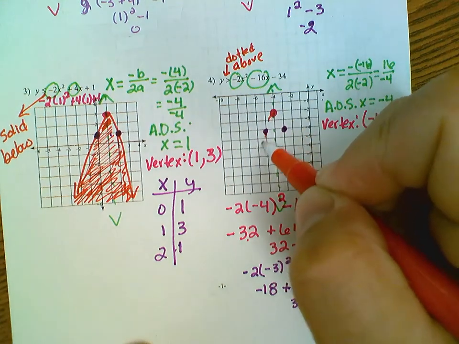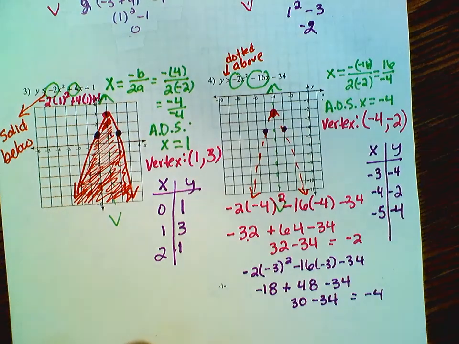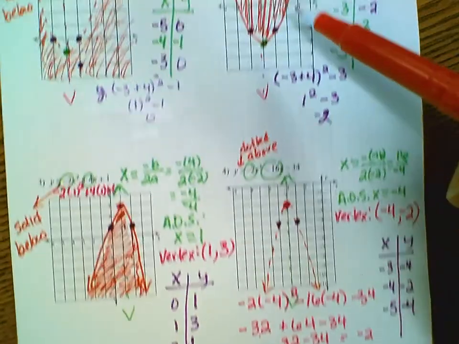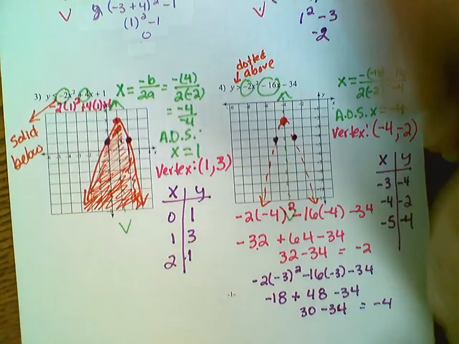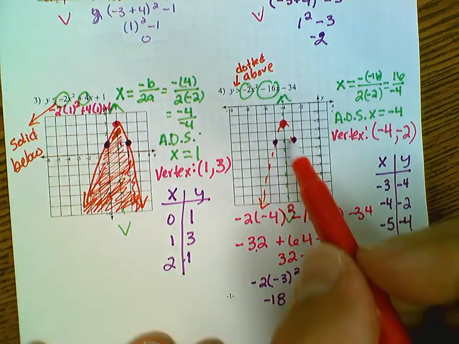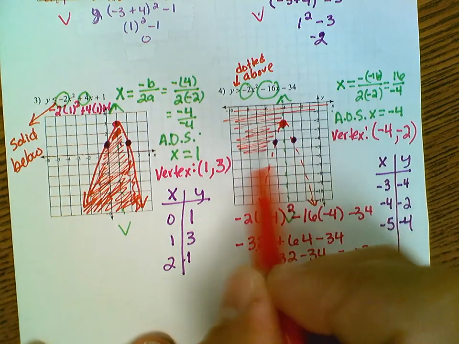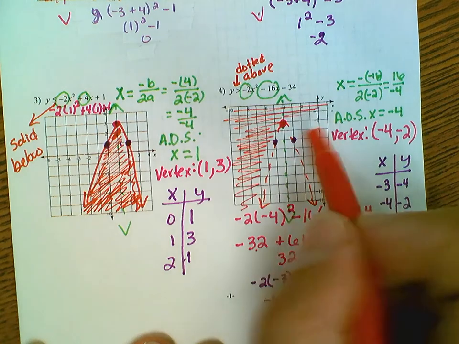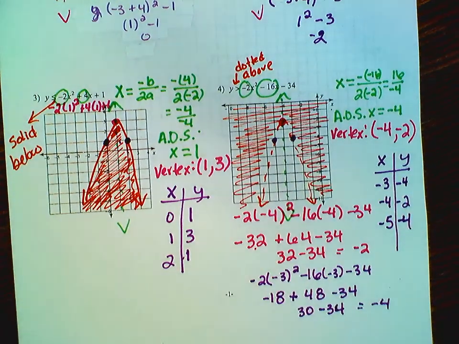So here's my dotted line. And this time, so last time above was in the parabola, but this time above is going to be this part. Okay, so that is inequalities.